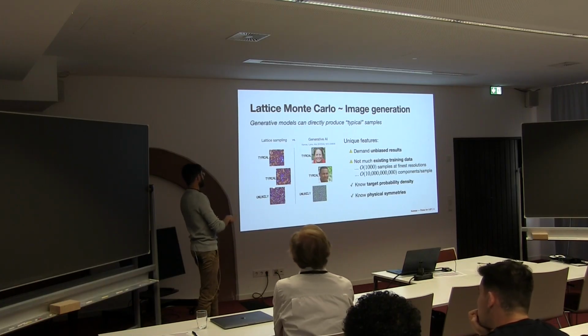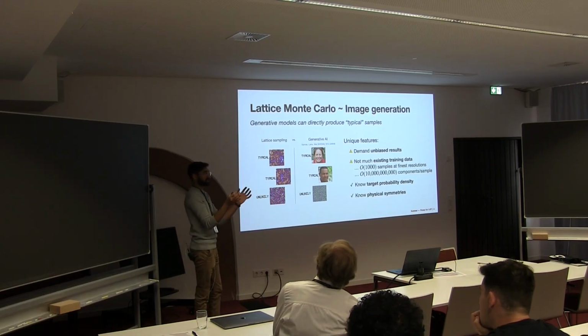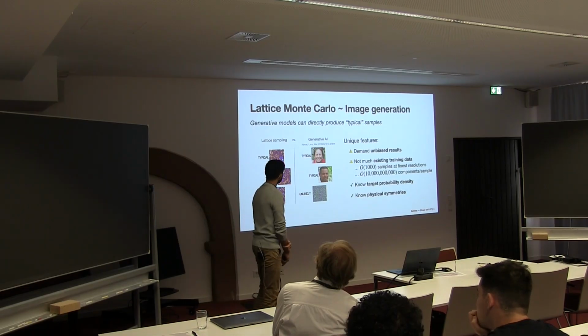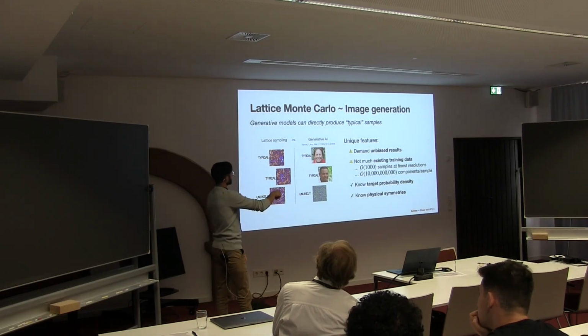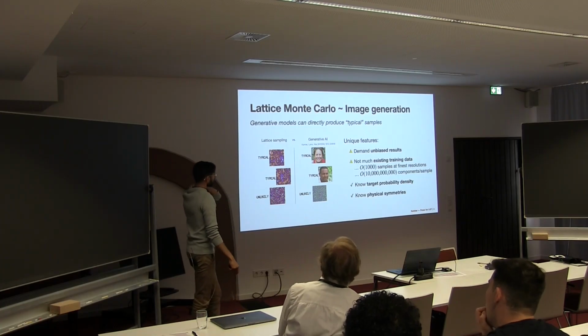In contrast to the total space of field configurations I could be sampling in, this set of configurations is, if you like, a very small or low-dimensional subset. So in that sense, maybe we could imagine that these models that work well for capturing such subspaces of image distributions could do the same for the lattice sampling problem.